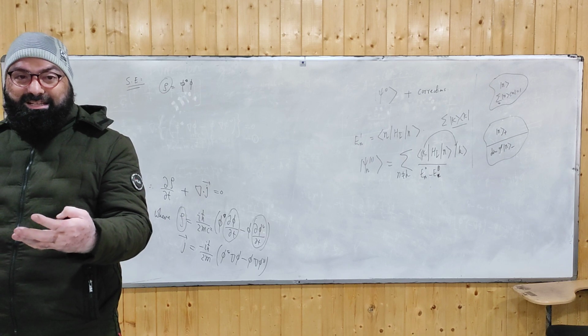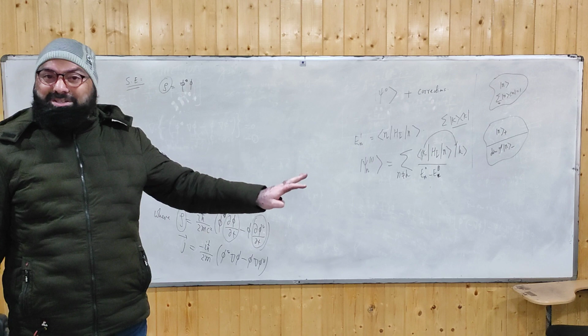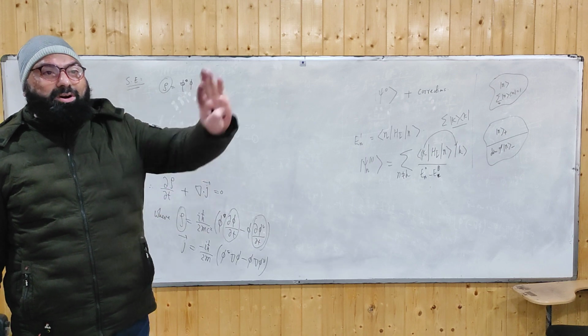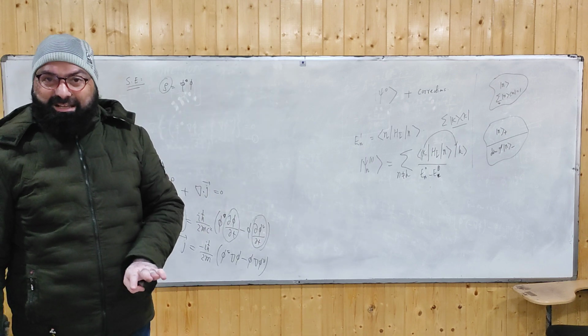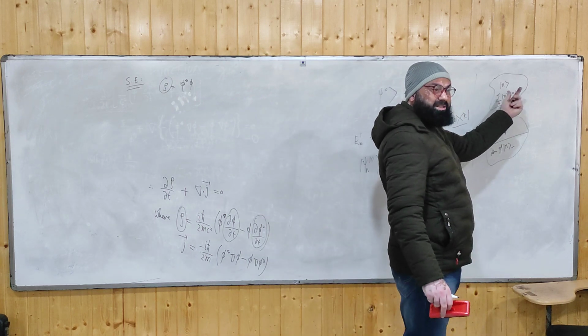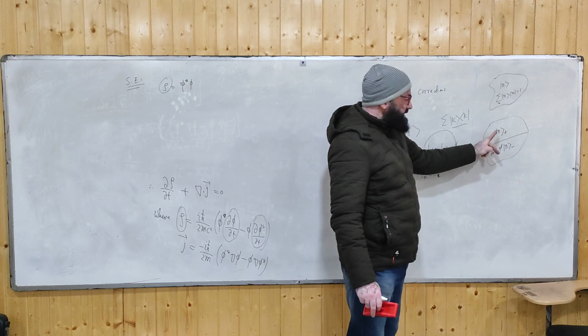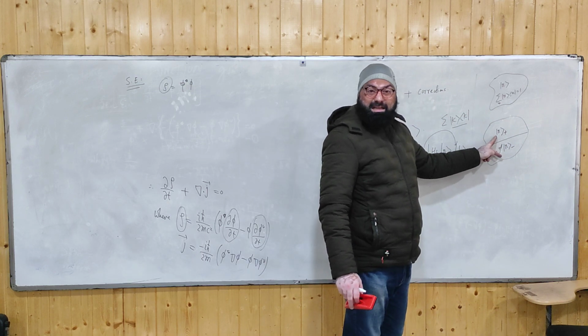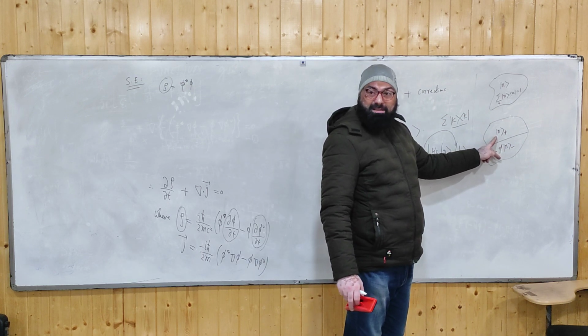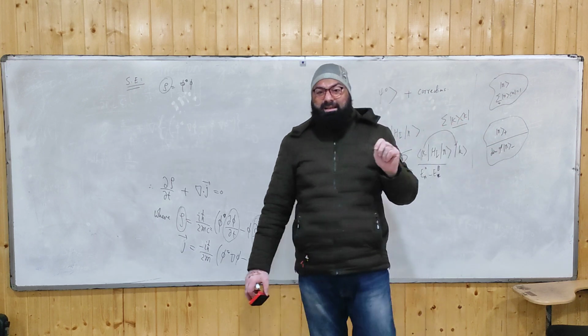Because once you introduce a completeness condition, you need to take into account all the possible states, so that it becomes one. So this object becomes equal to identity. So this does not form the complete set of states. The complete set of states is formed by both positive as well as negative energy solutions.